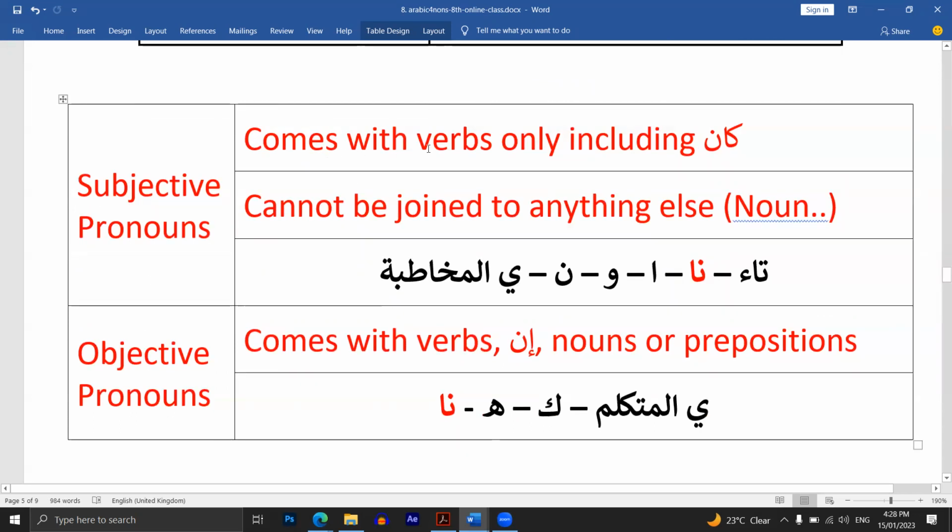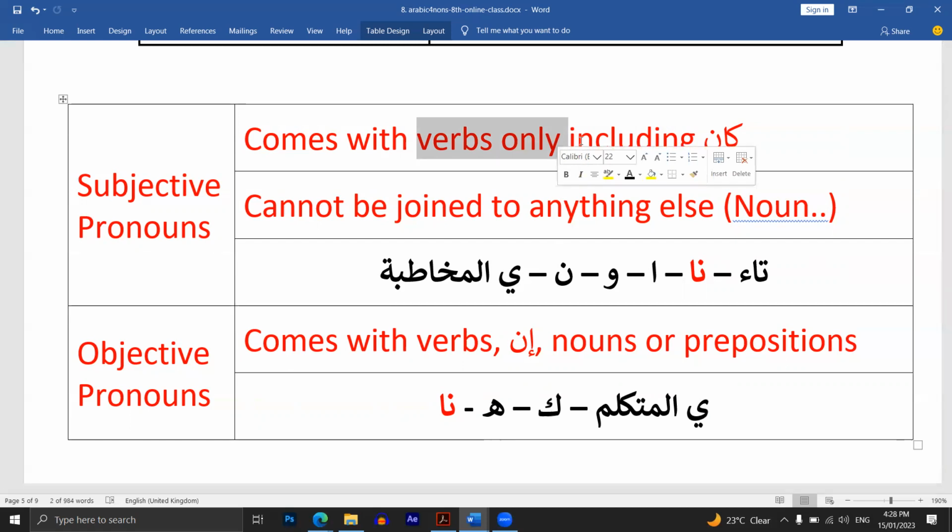Subjective pronouns come with verbs only. So this is the only case in which you will see the subjective pronouns. They are only connected to verbs. They cannot be joined to anything else, like a noun, preposition, or inna.